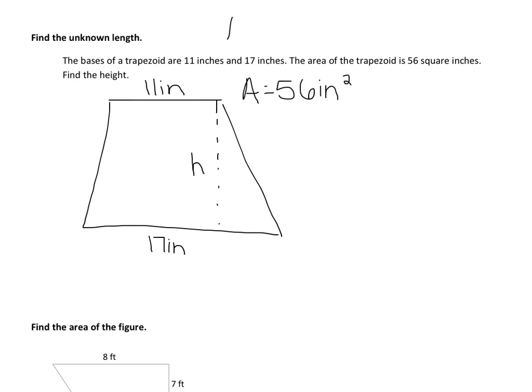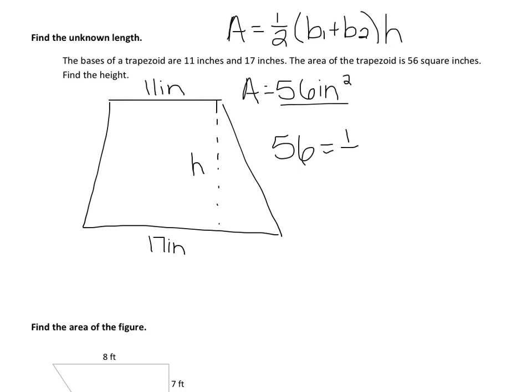So let's rewrite the formula that we used on the last problem, just so it's nice and handy: 1/2 times base 1 plus base 2, multiplied by the height. We're going to plug in the numbers that we know. Starting from left to right, I start with A. Well, I know what A equals. A is 56, so instead of area, we plug in 56.